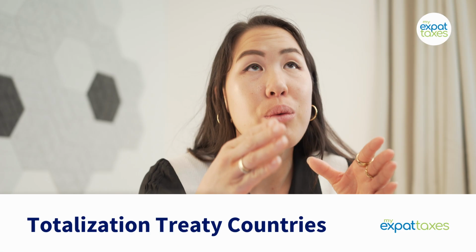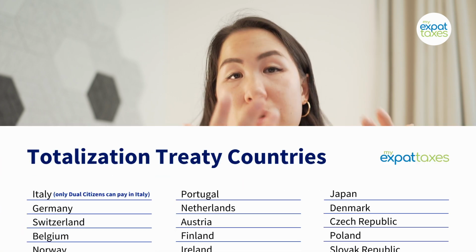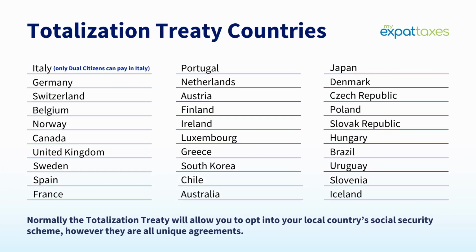What we normally get is people living in Italy that are not dual citizens and they're paying Italian self-employment taxes, but then they end up having to pay the US, and having to go back and explain to their local Italian tax consultant that they're US citizens, so they have this totalization treaty, is a little bit of a nightmare. Fortunately, at least on MyExpatTaxes, we have this all automated. So we know, based on your citizenship and what country you're working in, if you're eligible or not eligible to pay self-employment tax or to claim a totalization treaty.